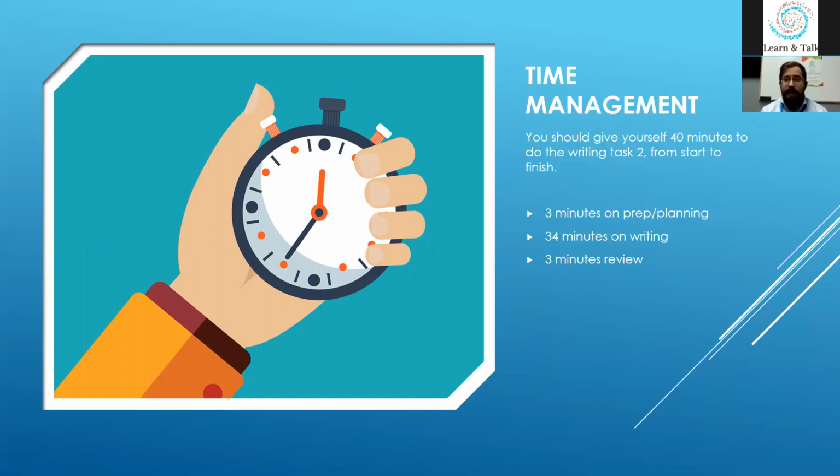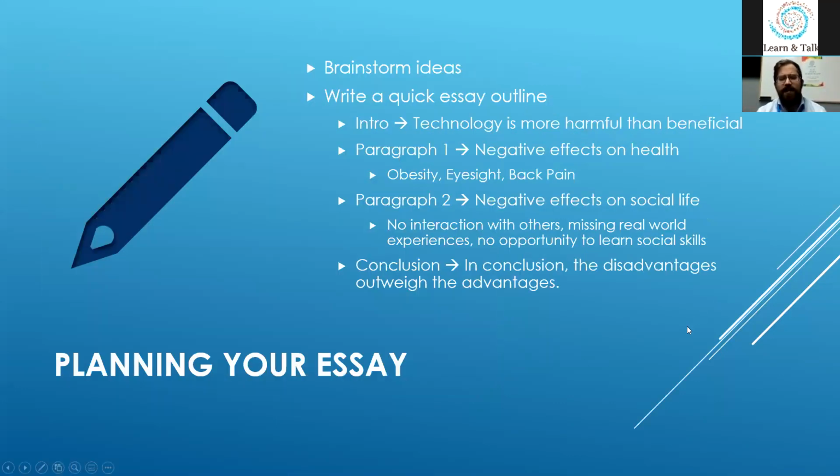So here I've presented you the idea that 3 minutes at the beginning, 3 minutes at the end. You can change those times a little bit, maybe 4 minutes and 2 minutes, maybe a little bit longer overall. But the most important thing is that you give yourself a little bit of time at the beginning and at the end.